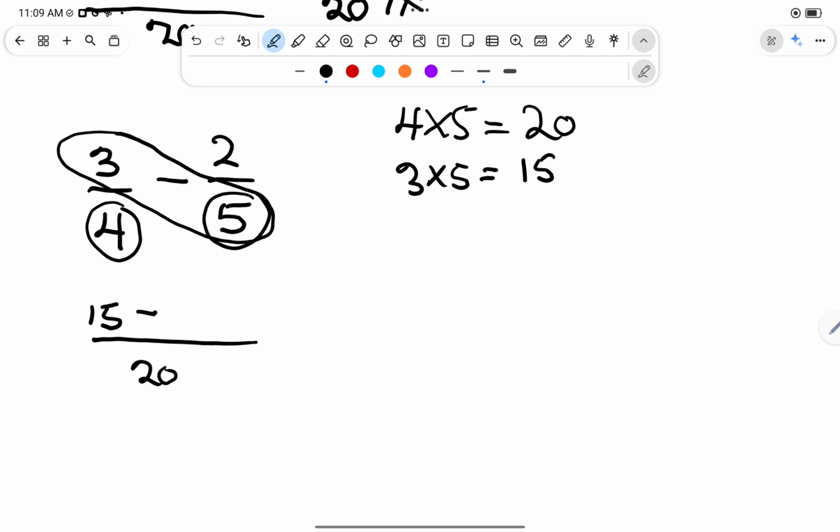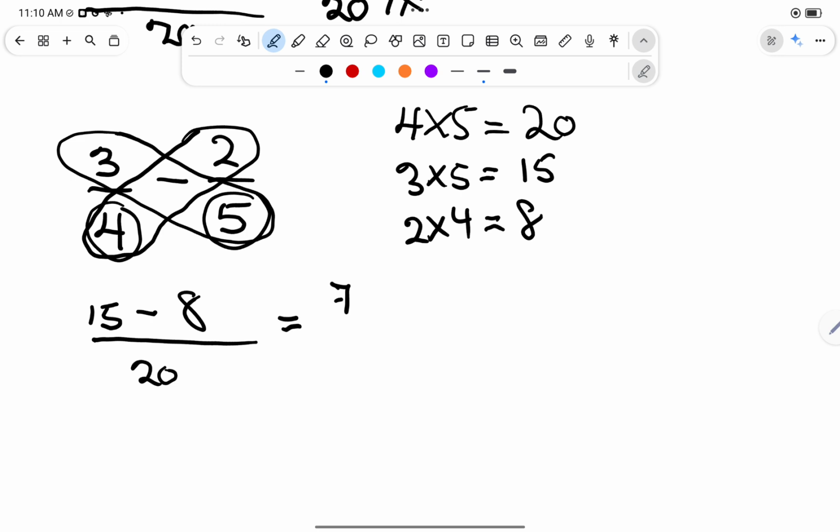Now, our next step is to multiply the numerator of the second fraction, which is 2, by the denominator of the first fraction, which is 4. So we have 2 times 4, which gives us 8. So now we write our 8 here. Now we have 15 minus 8, and 15 minus 8 is going to give us 7. So we have 7 out of 20.